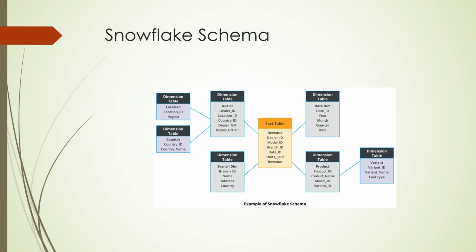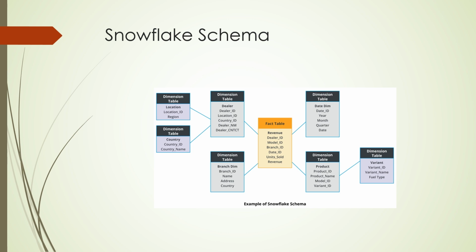So the characteristics of this snowflake schema is to permit the dimensional table to join to another dimensional table. So the snowflake schema is not to have one fact table only.